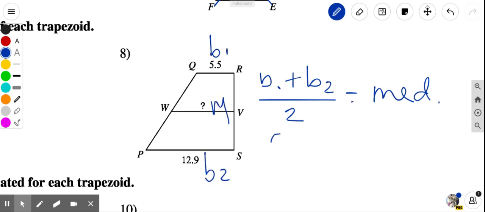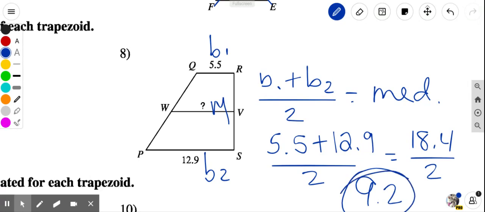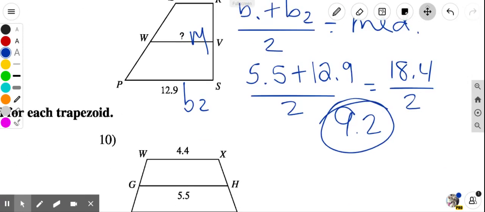So we're going to take 5.5 and add 12.9, and divide by 2, and that will give us the median. So let's see, 5.5 plus 12.9 is 18.4. So 18.4 divided by 2 would be 9.2, your final answer here. So that would be your question mark.